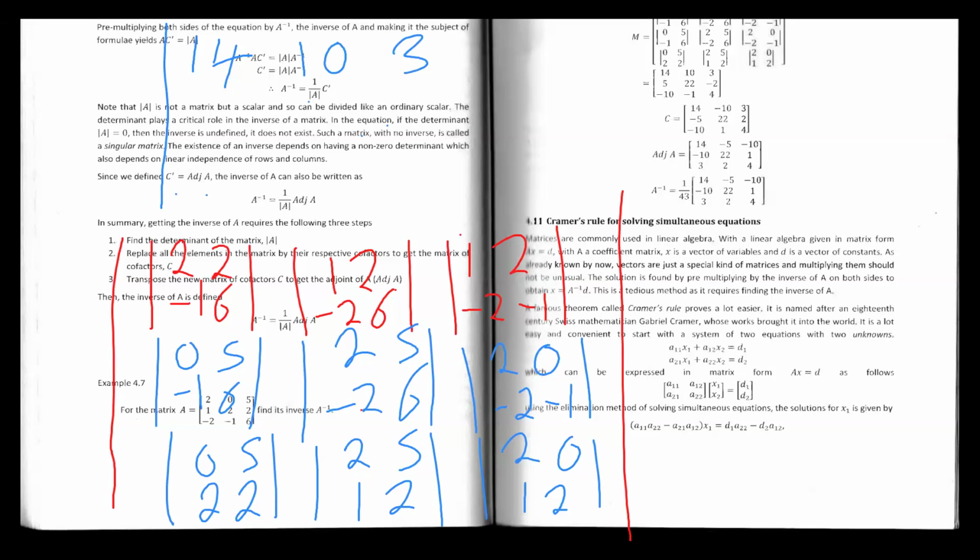So this one will have 0 times 6, which is 0. Then minus 5, which is 5, right? There are always 2 minuses. Yes, minus 5, which is 0, which is 5. Okay, 5.